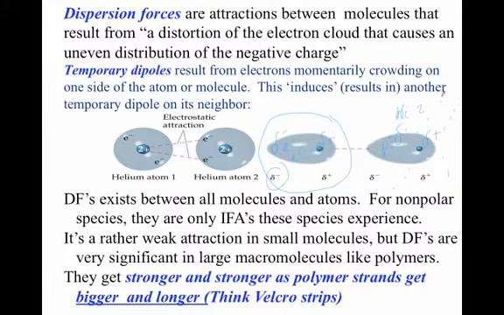So these dispersion forces exist between all molecules and atoms. In fact, for nonpolar ones, they're the only intermolecular force of attraction. Helium has very small forces, with few electrons. You have to take out a lot of thermal energy to get this stuff to condense from a gas to a liquid, down to 4 degrees Kelvin.